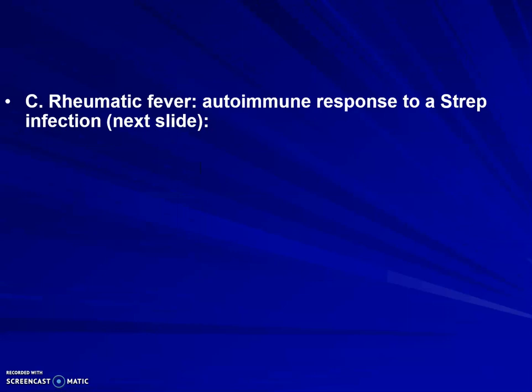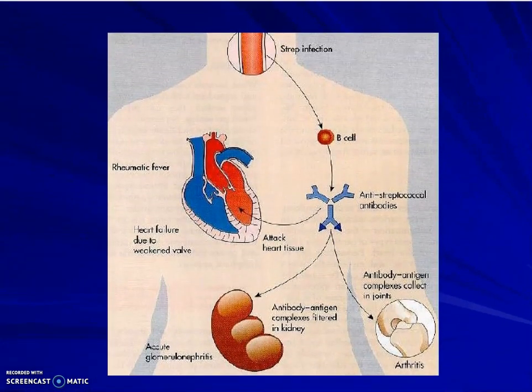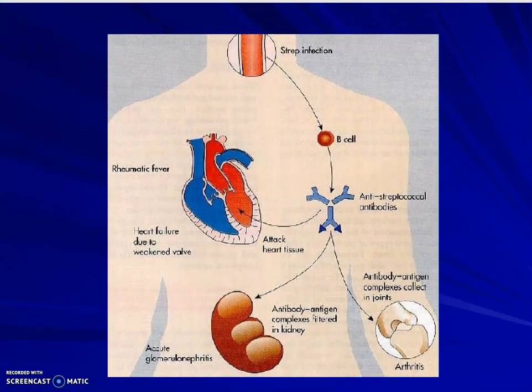A strep infection can also cause rheumatic fever, which would be an autoimmune response to the strep infection. And the way this works is shown here, where you're starting out with the strep throat. So you have a strep infection in the throat. It causes your immune system to activate B cells, which make antibodies. If those antibodies then attack the heart, that would lead to something called rheumatic fever, and it can cause heart failure due to the heart valves not working properly.